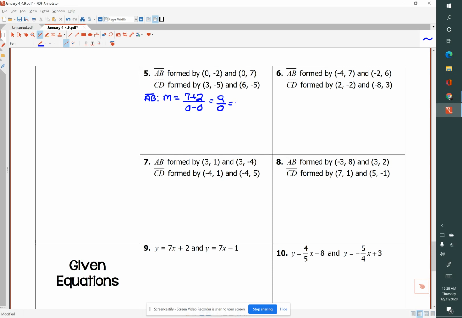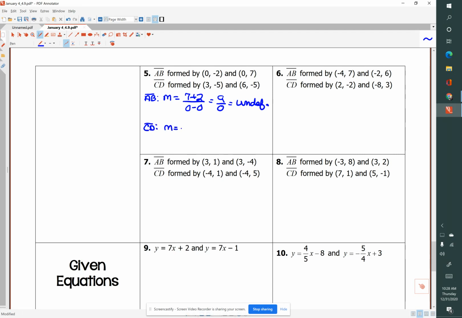If we have 0 in the denominator, that slope is undefined. So if we have an undefined slope for CD, then we'll have parallel lines. If we have a slope of 0, we will have perpendicular lines because undefined and 0 are negative reciprocals of each other. So let's evaluate CD.